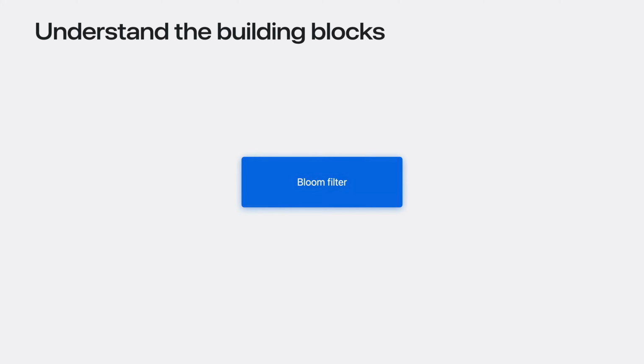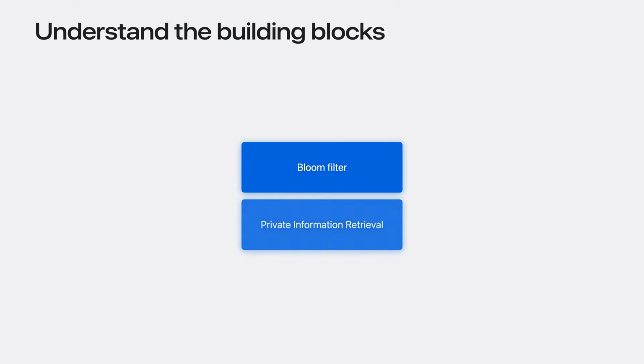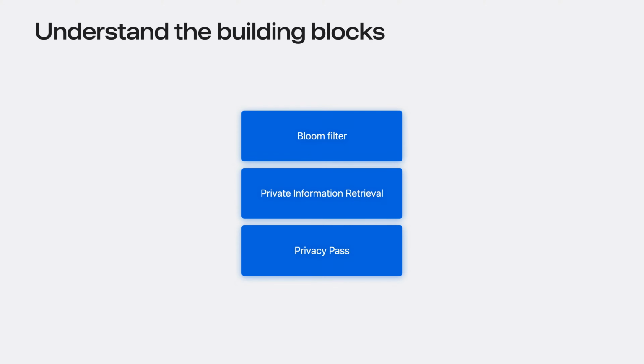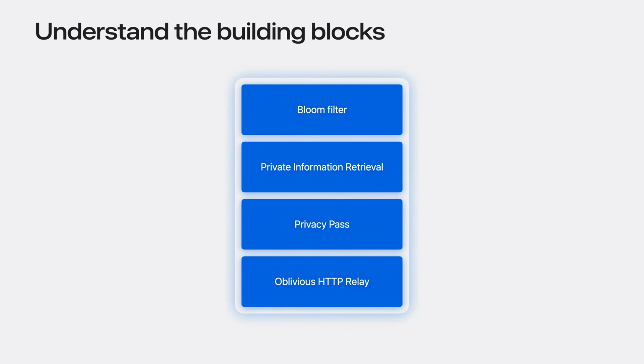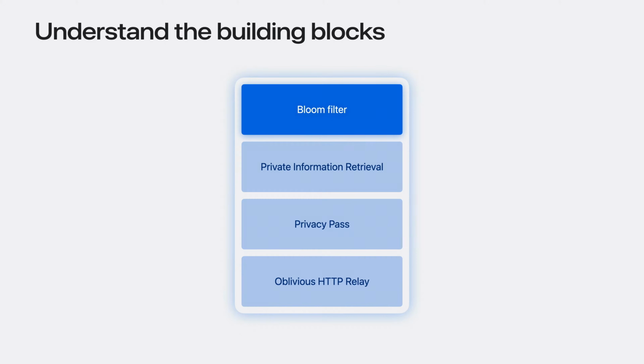Before I go into how the feature works, I will introduce the technologies that serve as the building blocks. There are 4 technologies that URL filter relies on, and they are Bloom filters, Private Information Retrieval, Privacy Pass, and Oblivious HTTP Relay. I will start with Bloom filters.